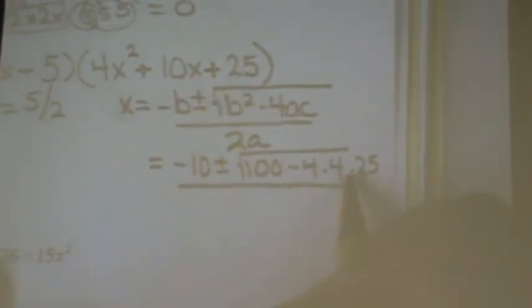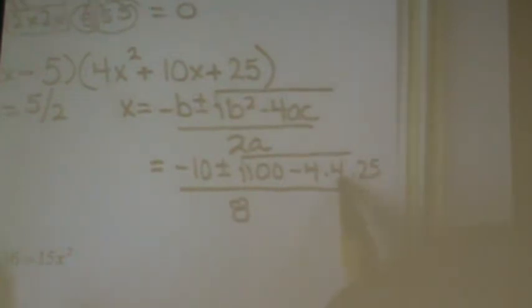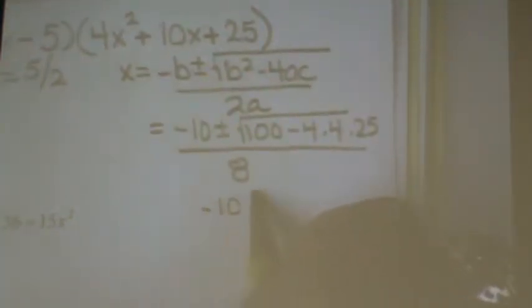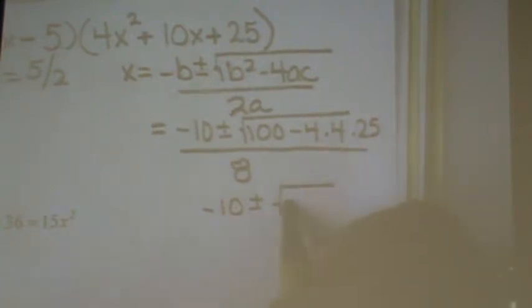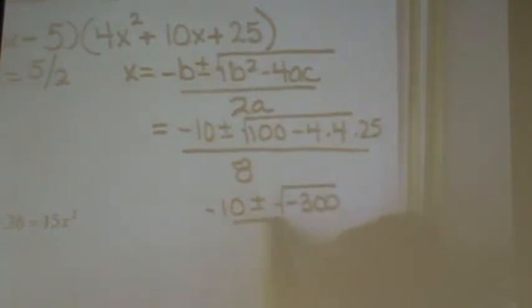So I already know this is going to have an i in it, and then 2 times 4 is 8. So 25 times 4 is 100, and 100 times 4 is 400. And what's 100 minus 400? Yes. So this is negative 300 over 8.